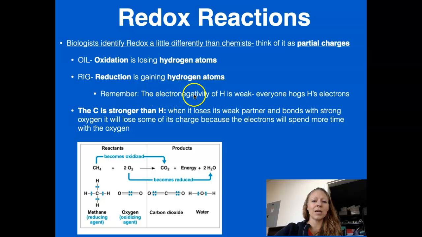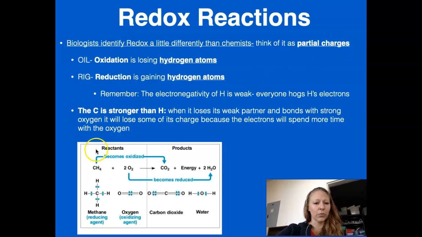Remember that the electronegativity of hydrogen is weak. Everyone is going to hog hydrogen's electrons. So anything that's paired up with hydrogen is going to eventually hog or pull those electrons away. And so we're looking at redox a little bit differently than chemists do. We're looking at it as partial charges.